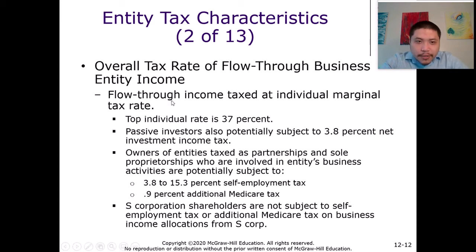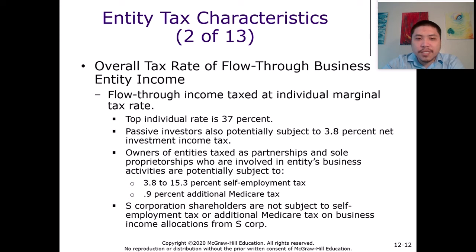All right, so for flow-through entities, we know the business owner is going to pay tax as ordinary income, depending on the individual tax rate, the tax bracket. Then on top of that, if the business owner is a passive investor, for example a limited partner, they don't engage in running the business.